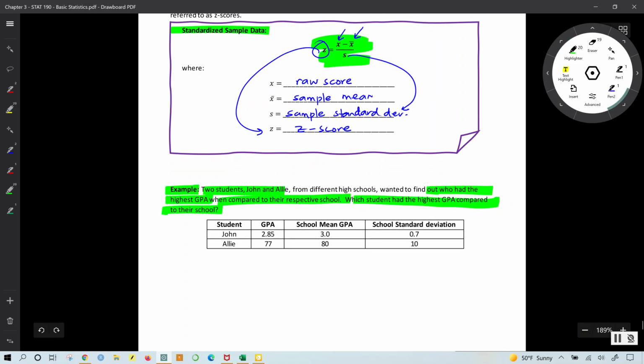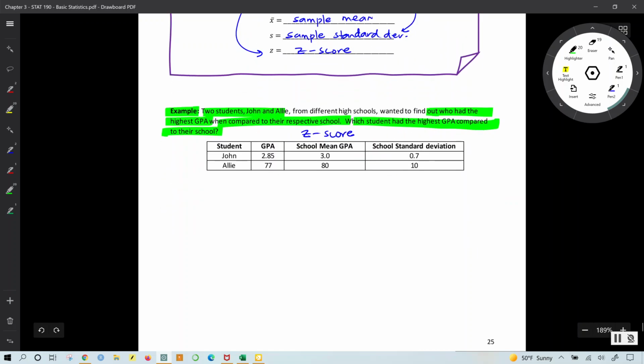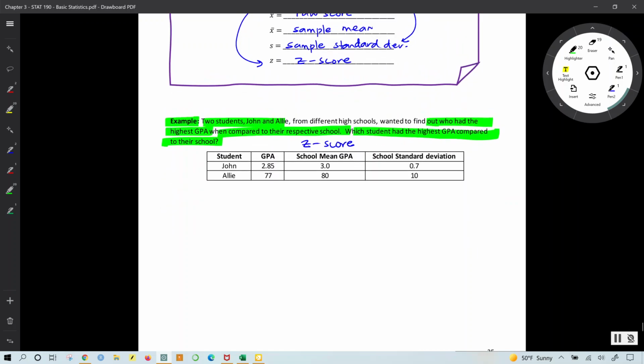The z-score is very useful here because the different schools use different scales of measurement, so you cannot directly compare John's GPA with Ali's. John was measured as 2.85, whereas Ali was measured on a different scale, and she ranked 77. So how can we compare when you have different scales of measurement?